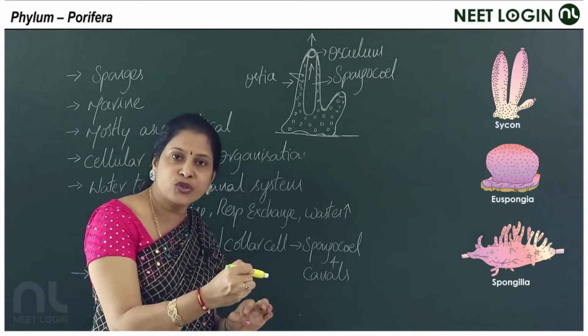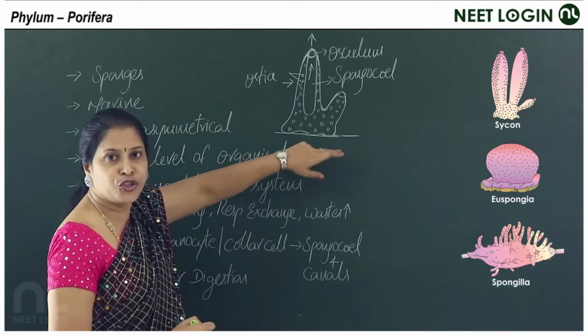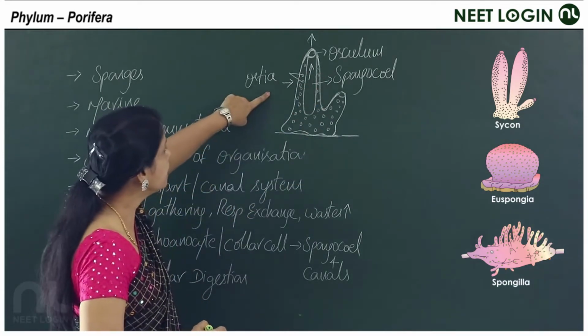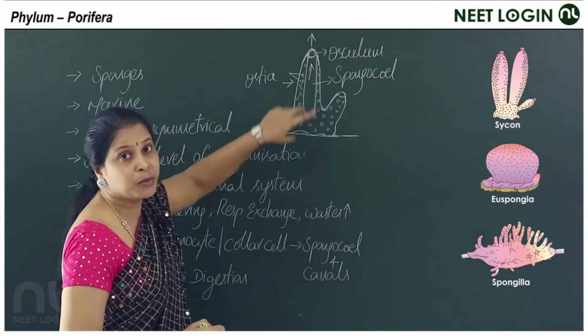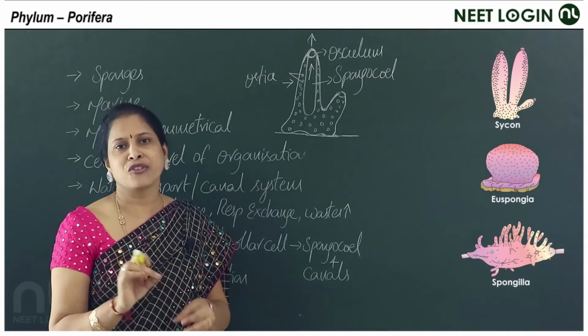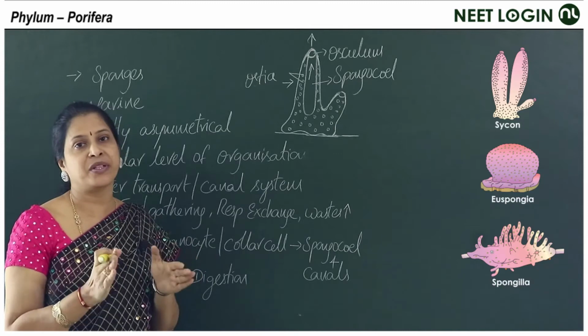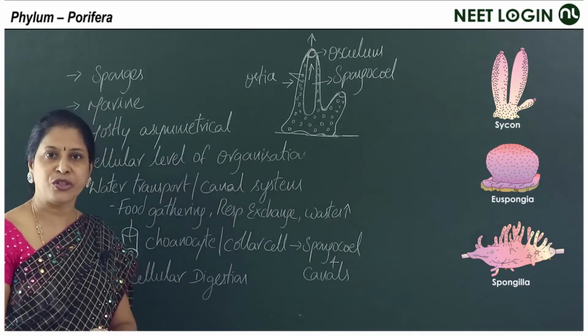Water enters through ostia, leaves through osculum. In this picture also you observe that osculums are very few, but numerous ostia are present. It is a unique feature of the poriferans.